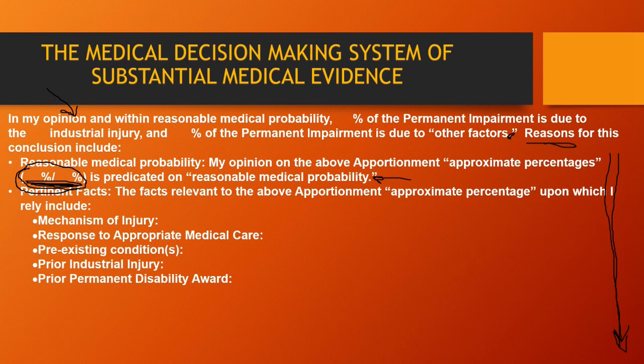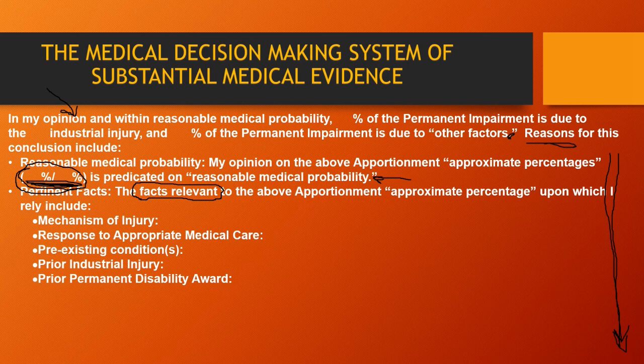Pertinent facts. The facts relevant to the above apportionment approximate percentages upon which I rely include, and then here you list the facts. Fact number 1, fact number 2, fact number 3. Now, when it comes to your apportionment approximate percentages, what are the facts that are relevant to them?